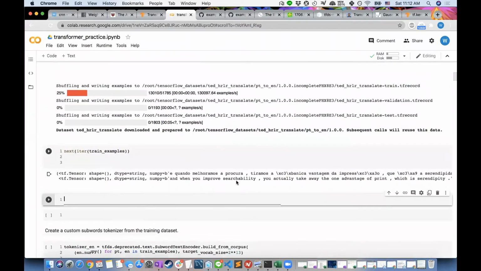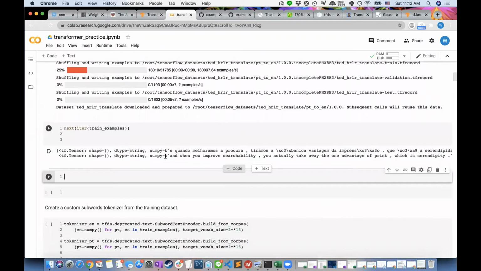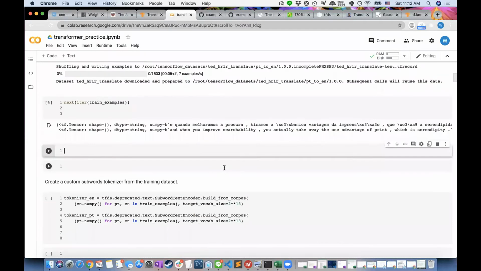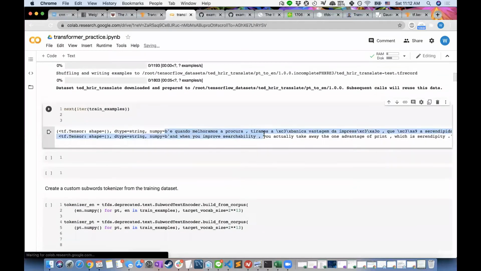And here's a glimpse of what the data looks like. Again, this is Portuguese, this is English, and we talked about it, right? This gets inputted into the encoder, and this gets inputted into the decoder. The sentence that you want to translate into gets input into the decoder.